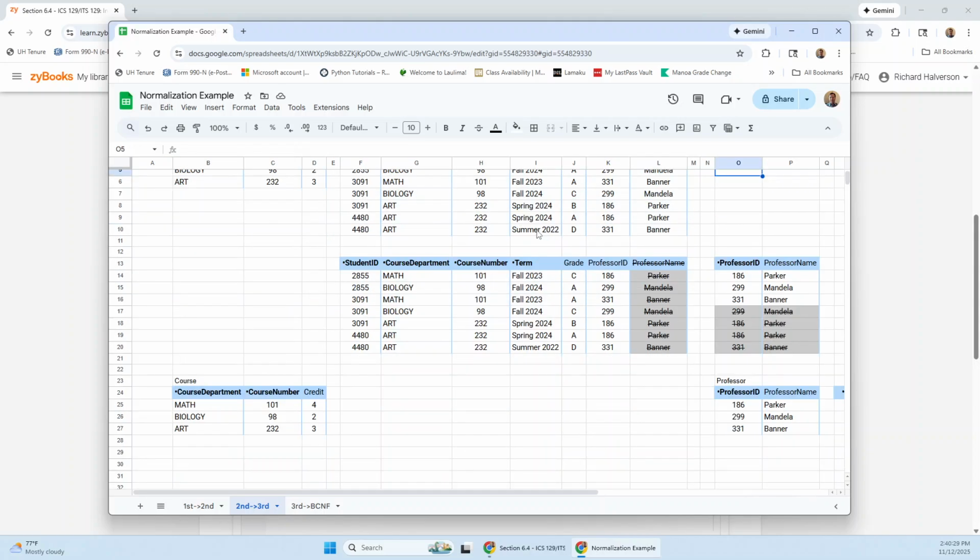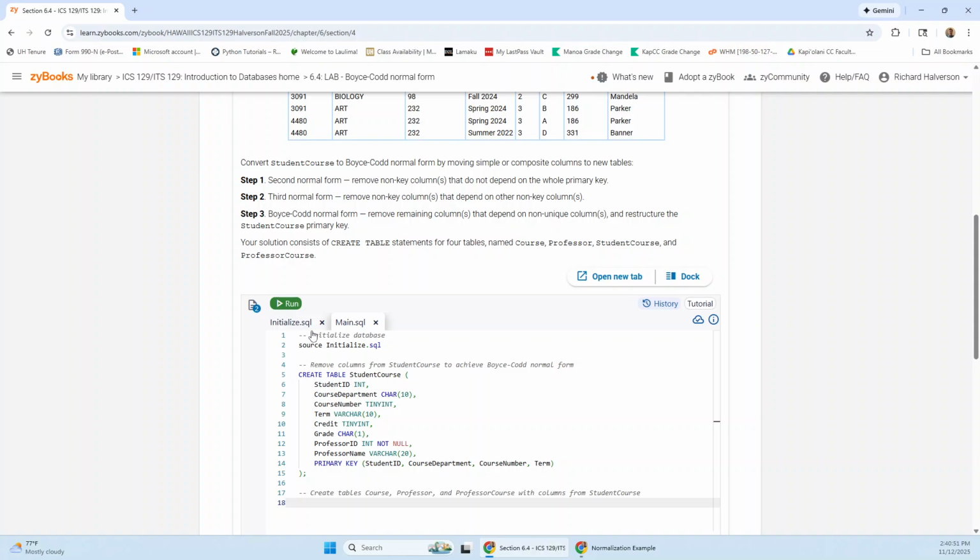And let's take a look here, and we see that the professor name depends only on the professor ID. Okay, so these are two non-key columns, but there's a relationship between those two non-key columns: this column depends on this column. So we're supposed to remove that.